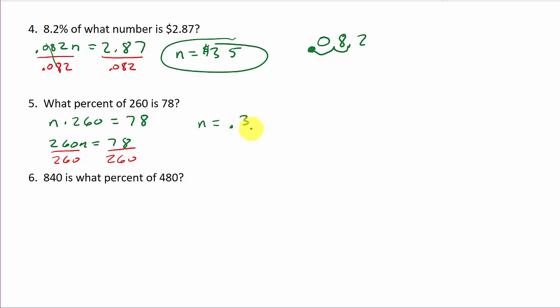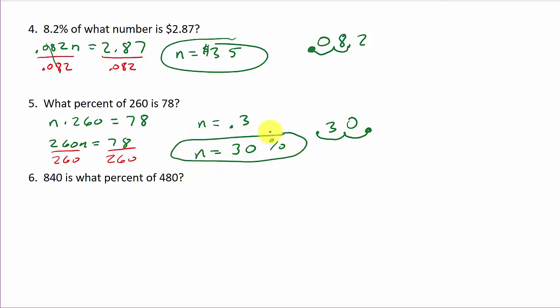Okay, this is a percent written as a decimal, but let's write this as a percentage instead of a decimal, since they're wanting the percent. So n is equal to, if I take the 0.3 to go from decimal form to percent, I've got to move it 2 places to the right, and so that's going to be 30%. And so there's n. All right, so let's pause the video and see if you can work the last one.